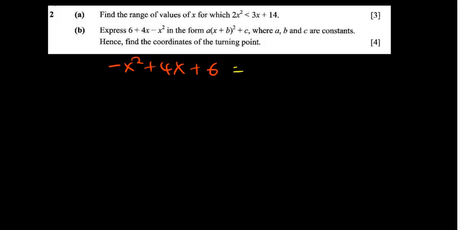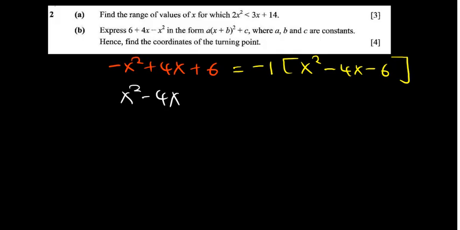If we do, we're going to have positive x squared, negative 4x, negative 6. Okay, let's ignore the negative 1 for now. So we have x squared minus 4x, and we can take 6 to the other side, equal to 6.